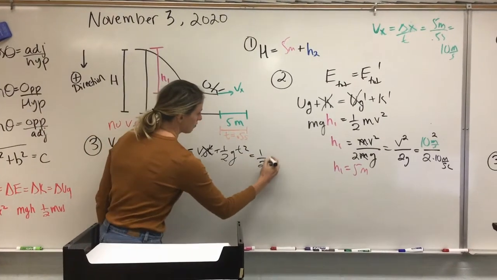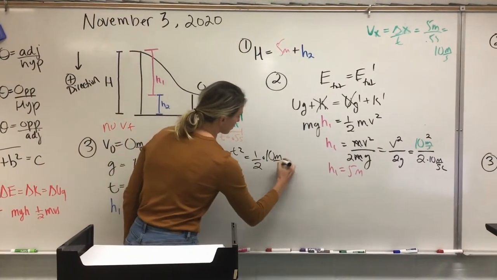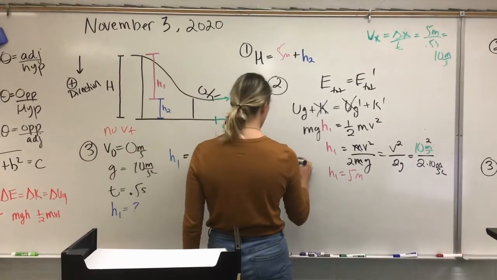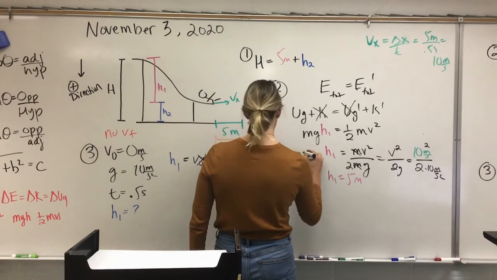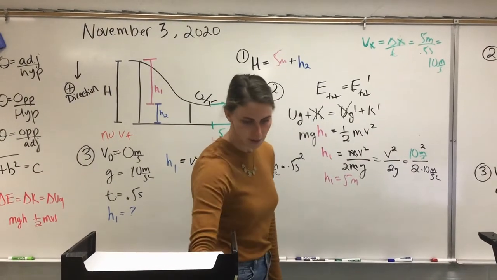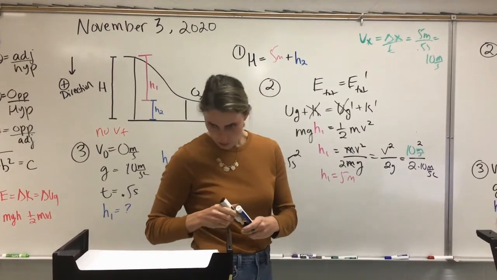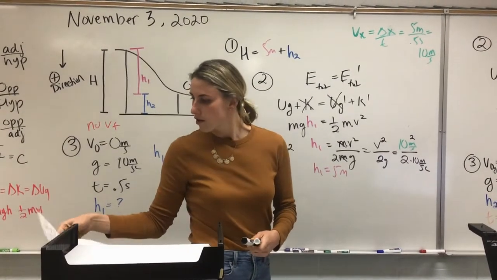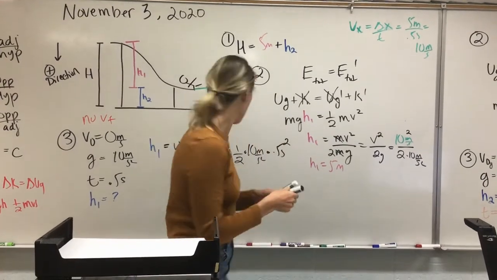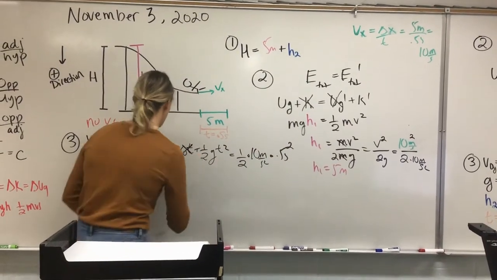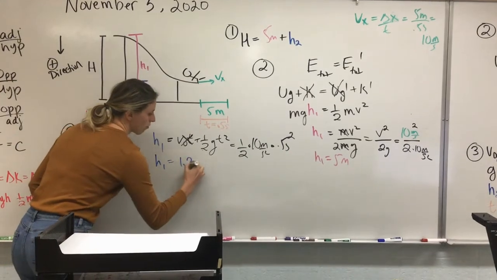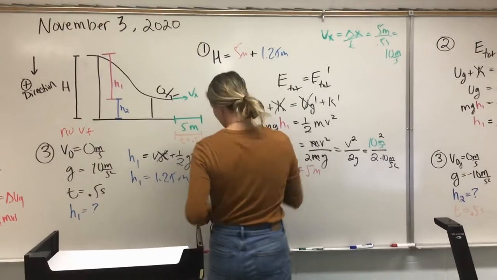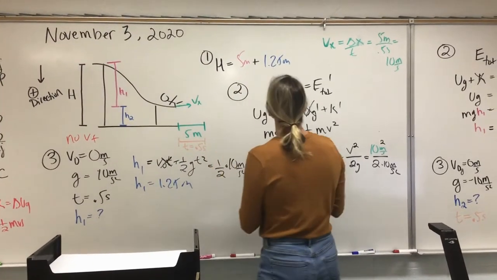So it's just 1/2 times, in this case, positive 10 meters per second squared, times my time, which is 0.5 seconds squared. And if I look at my answer key for this one, I think it's 1.25. For my height 2, I get 1.25 meters. We plug that in over here, 1.25 meters. We add them together, and we get our answer.